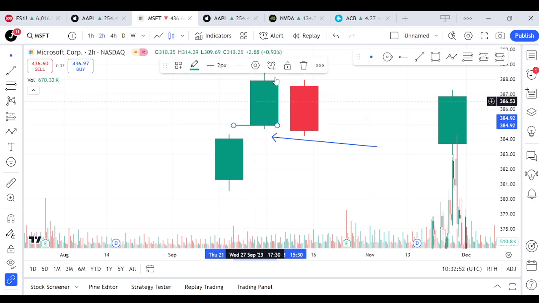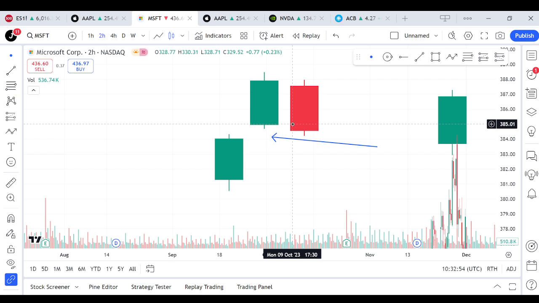So next is the third candle, and this third candle is a bearish candle and opens within the body of the second candle. So it partially fills the gap created by the second candle but does not close it entirely. This partial filling suggests that while there is some profit taking or selling pressure, it is not strong enough to reverse the trend.